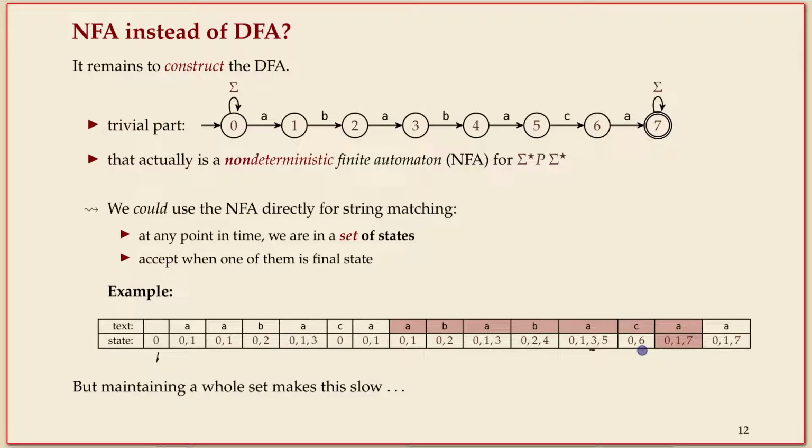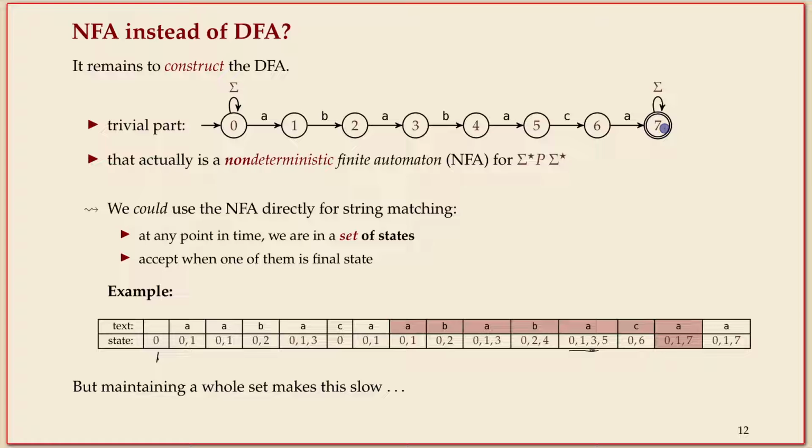If you read a C from here, we already know that the 0, 1, and 3 will die out. We've seen that before over here. But the 5 can move on to the 6. That's how we made progress. Now we're in this state 0 or 6. And with reading another A, we reach a configuration that contains at least a final state.